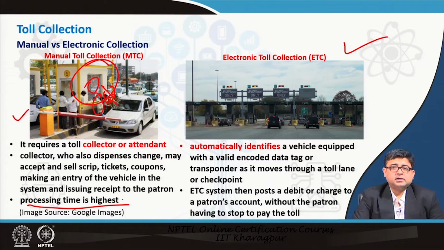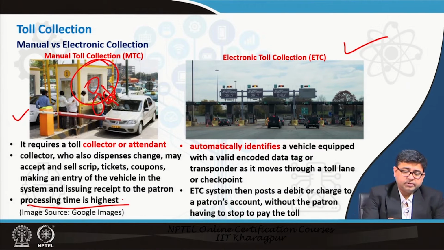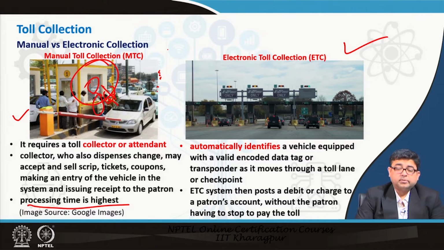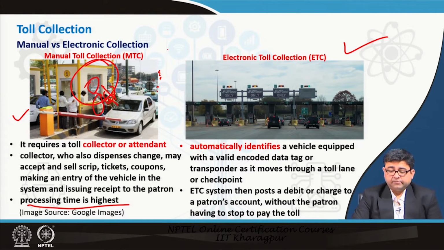You have highways which are tolled in the suburban part of your area, for example, in NCR, and then you are all going into New Delhi for your job, and then during the morning peak hours there may be tremendous amount of rush, as you can see in this picture as well, and the queues are very, very long, and this manual toll collection takes time forever.